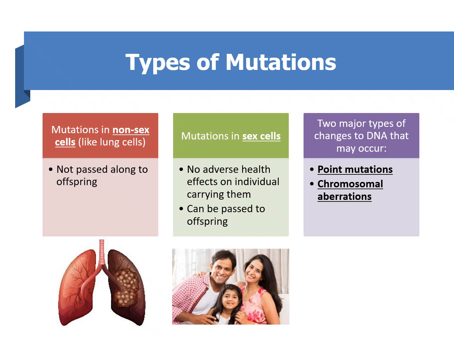Another type of mutation is mutations that can be found in sex cells. Typically, sometimes, not always, there are no adverse health effects to the individual who is carrying that mutation. The mutation itself is in the DNA that is going to be in the sperm or egg cells called gametes that then combine to create an offspring.